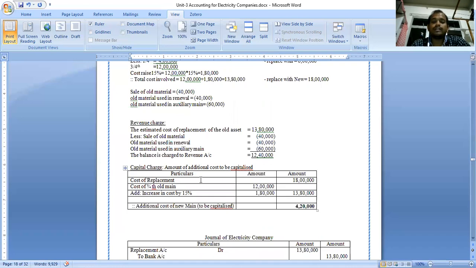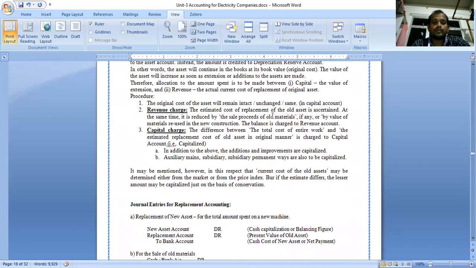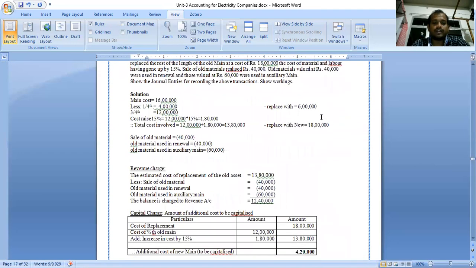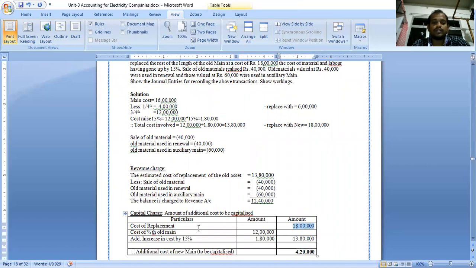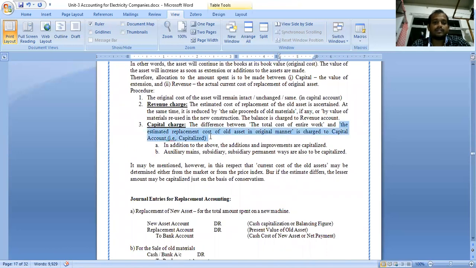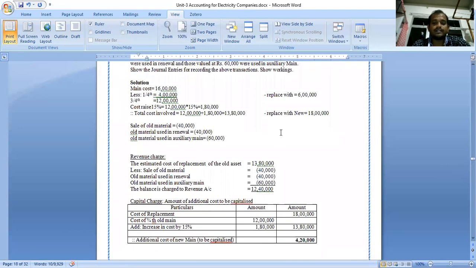So the difference amount, as I told you, is the difference between the total cost of the entire work. Total cost of the entire new work is 18 lakhs, and the estimated replacement cost of the old asset in the original manner, that is 3/4 of old main plus increase in cost, is 13 lakh 80,000.